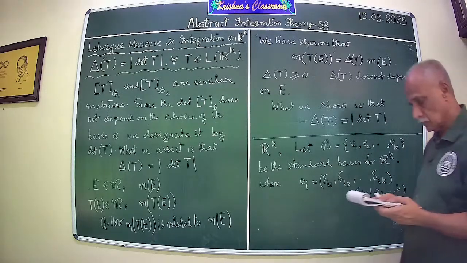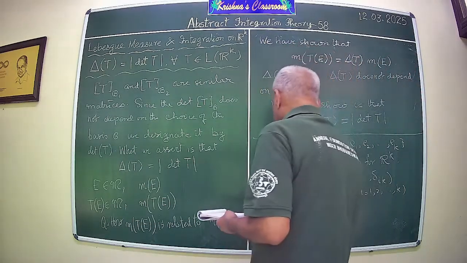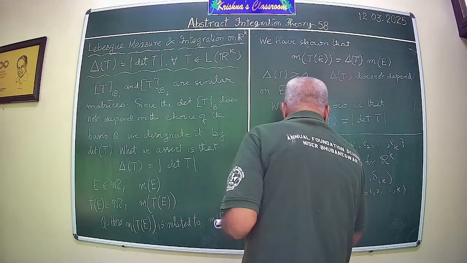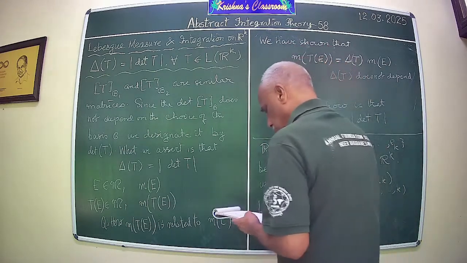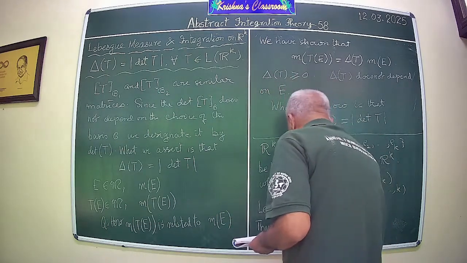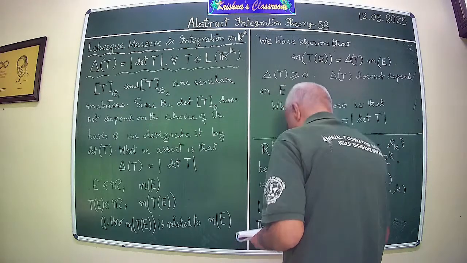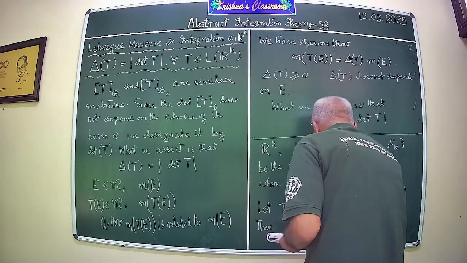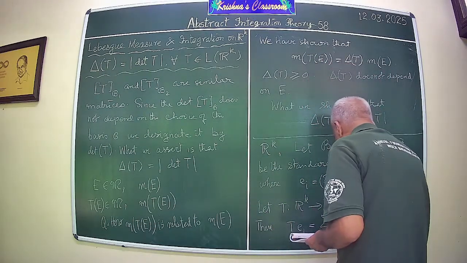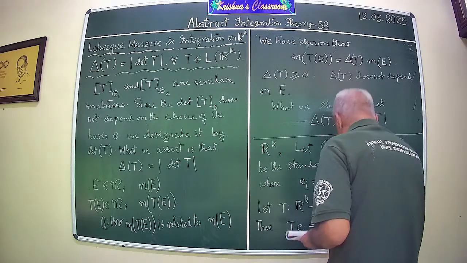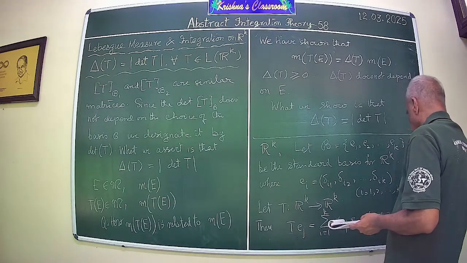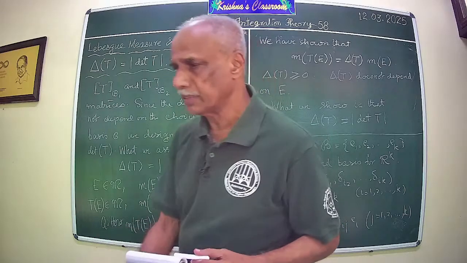Now, how to get the matrix of T? So, let T be from R^k to R^k, then T e_j equal to the sum over i equal to 1 to k of alpha_ij e_i, for j equal to 1 to k. The usual matrix representation.